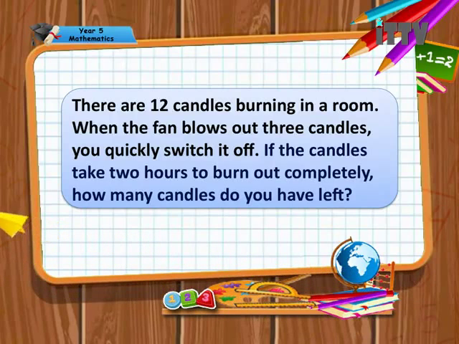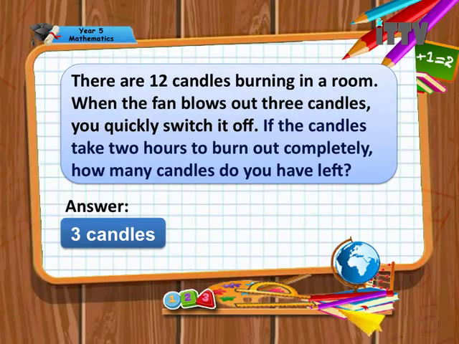If the candles take 2 hours to burn out completely, how many candles do you have left? 12 candles. 9 still burning. 3 have been snuffed out. So if the candles take 2 hours to burn completely, how many will you still have left at the end? Think hard, everybody.